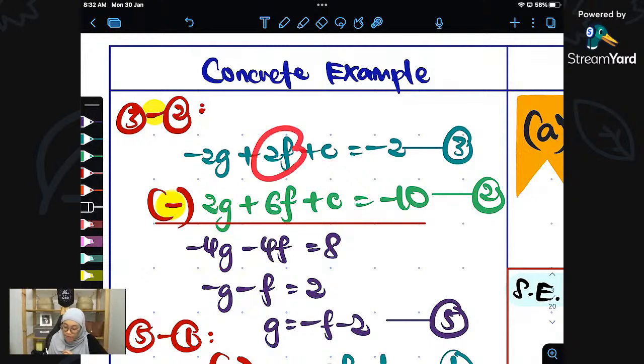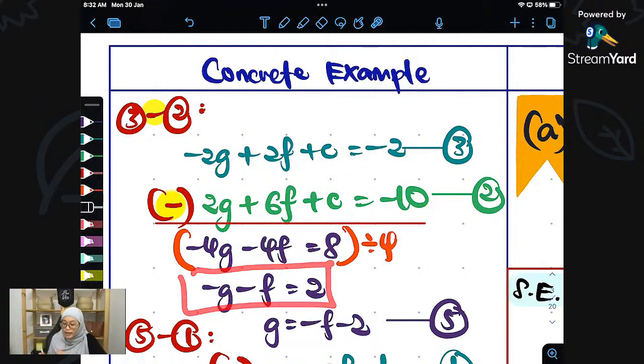And then 2F minus 6F is negative 4F. And then negative 2, C minus C, the C disappears. Negative 2 minus negative 10 is 8. And then I can still divide everything by 4. So I divide by 4, and I will get negative G minus F equals 2.